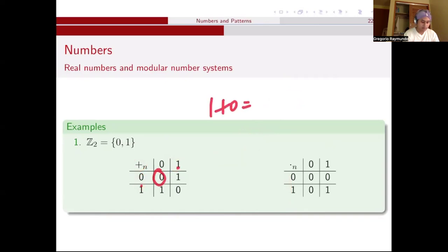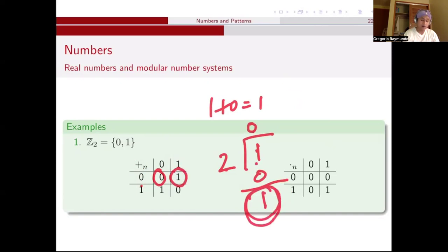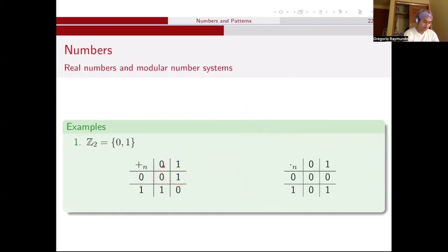1 plus 0 is equal to 1. 1 divided by 2, 0. 0 times 2, 0. 1 minus 0, 1. So, ang remainder natin, 1. 0 plus 1, ganun din, 1.